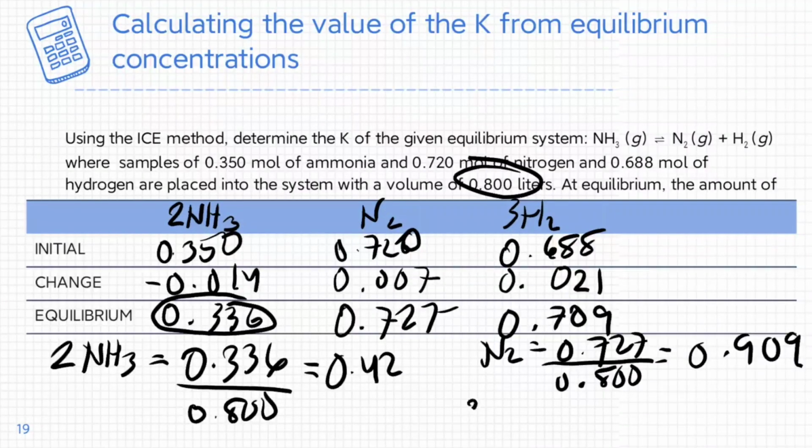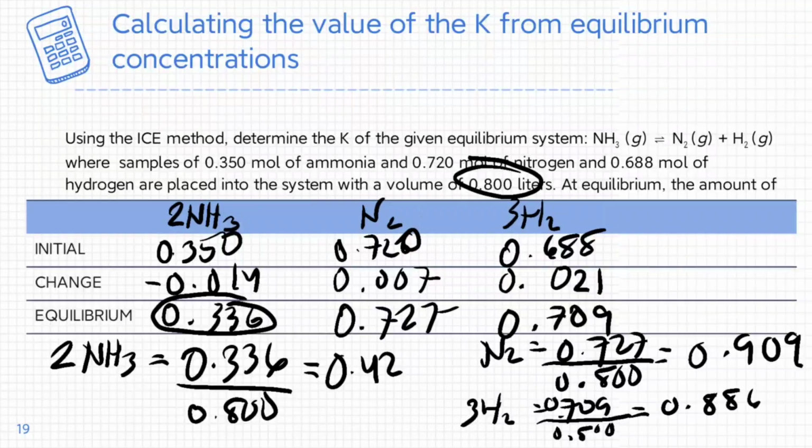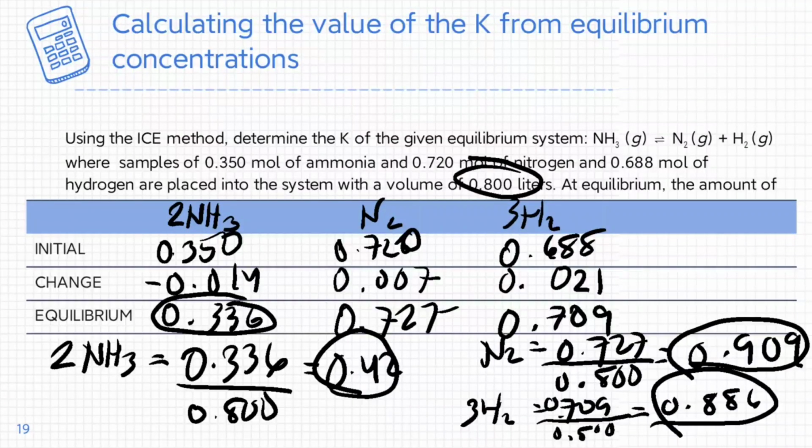And lastly, yung hydrogen gas, you have your 0.709 over 0.800. Computed value is 0.886. Okay? So, ito na po yung mga equilibrium concentrations for each of your compounds in the system.